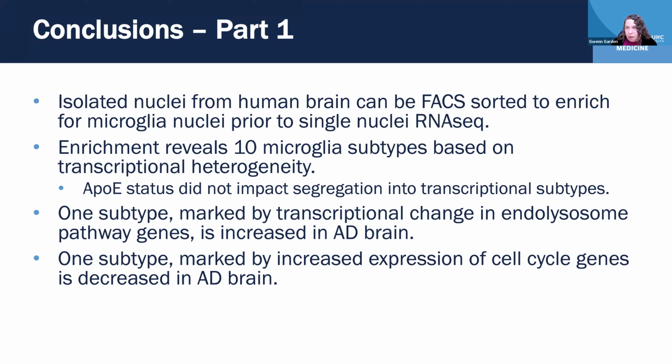We saw the same clustering pattern, whether we separated by E3 and E4. Also, we saw that all clusters had some detectable changes in gene expression, but the sizes of the clusters themselves were only impacted in cluster 6 and cluster 10. And these two clusters do seem to have some potential roles in AD pathology.